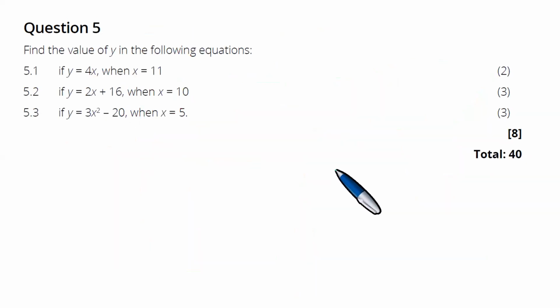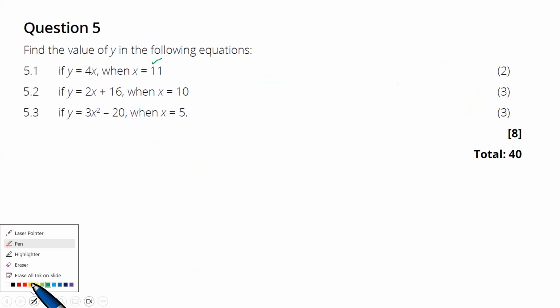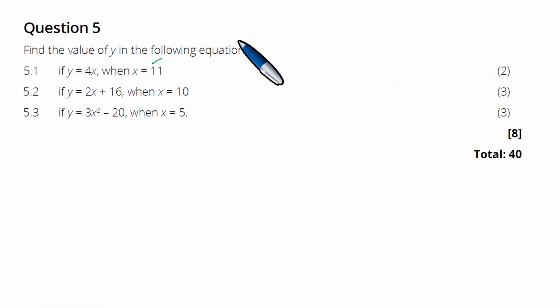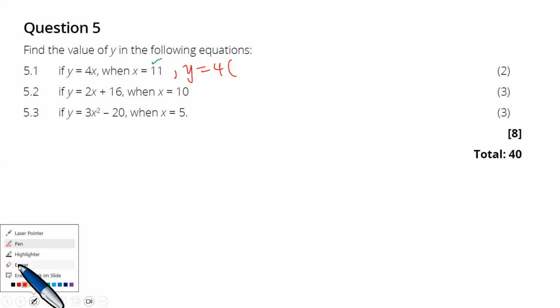Question 5. Find the value of y in the following equations. Let's do this one. If y is equal to 4x, when x is 11. So it means that here we proceed as follows. We have that y is 4 times x. What is x? x is 11. Let me write it in a little more detail.